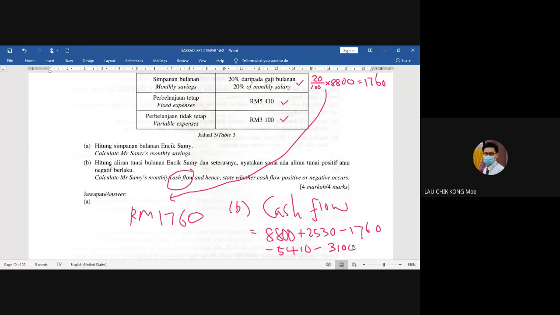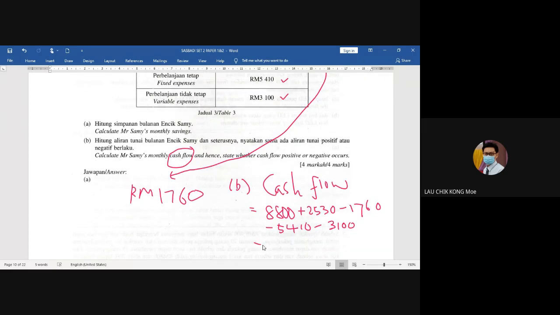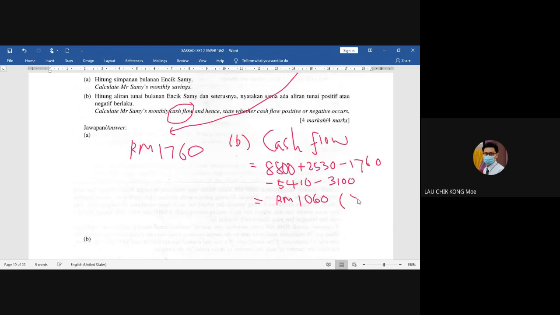So many of you didn't minus 1,760. So you are wrong, lo. Okay, so the answer should be 1,060 ringgit. Okay, and this is greater than 0, is it? So this is positive. So the answer is positive cash flow.